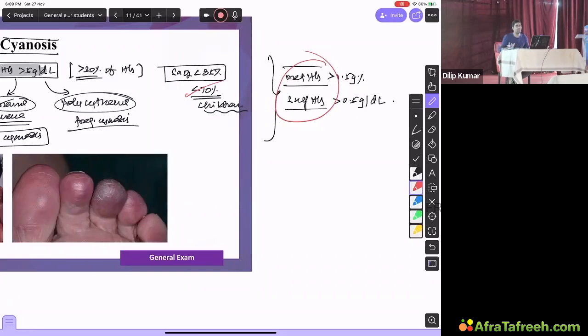Because of the hemoglobin abnormality, you get cyanosis. That's called enterogenous cyanosis, or simply pigment cyanosis. Okay, that's a different form of cyanosis.